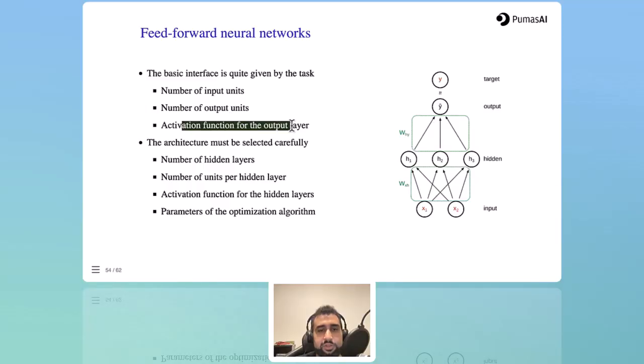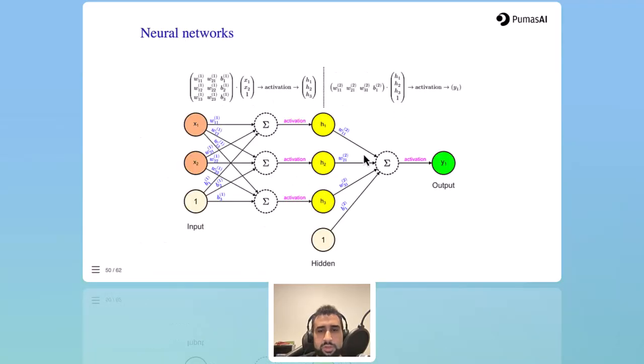The activation function of the output layer, we discussed, will depend a lot on the domain of the output as well. If the output is positive, then I would like an activation function that only outputs positive numbers, because by default, when you take these unconstrained weights, multiply them by some values, and sum them together, you could get either positive or negative values.